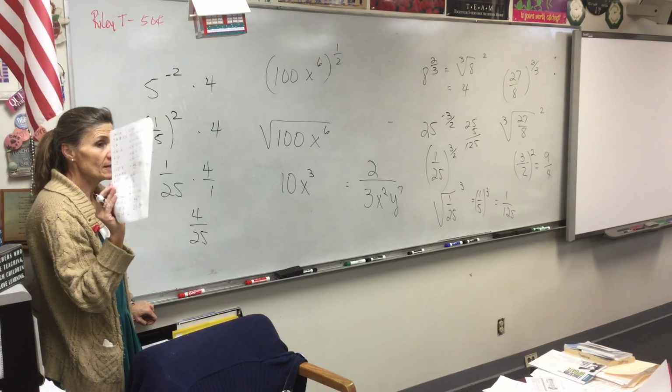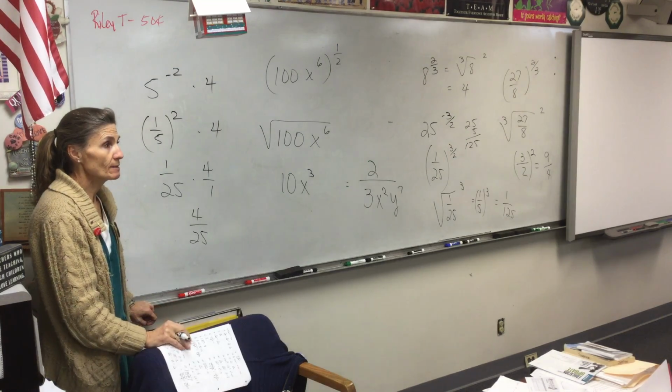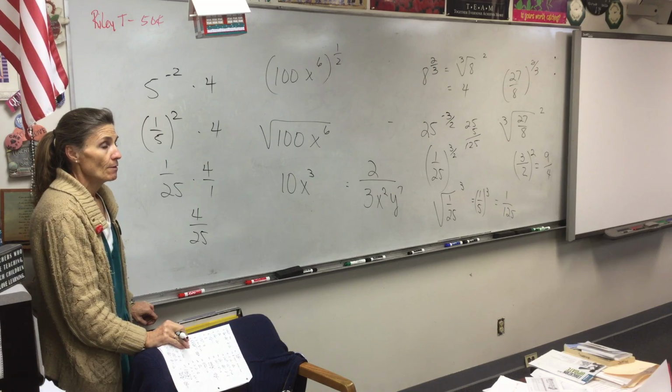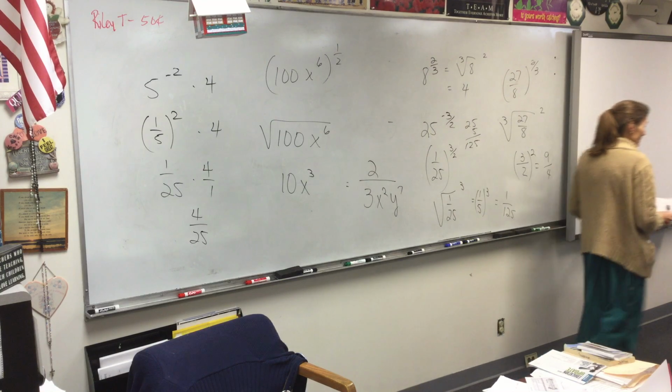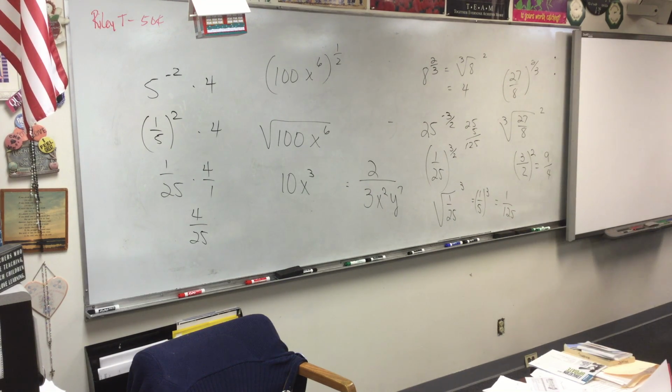Any question about these? Did they go through any of them too fast? I don't want to do one from tonight's homework because it's written differently. So if you would open up to page 296.